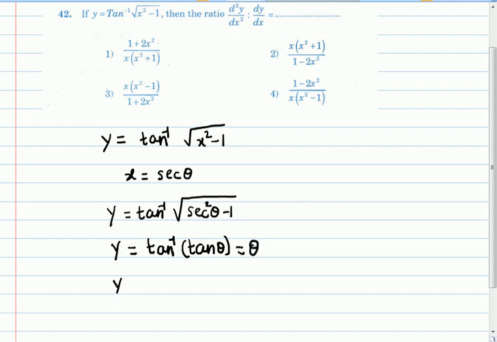Hence what should be the value of y? y must be equal to secant inverse of x.